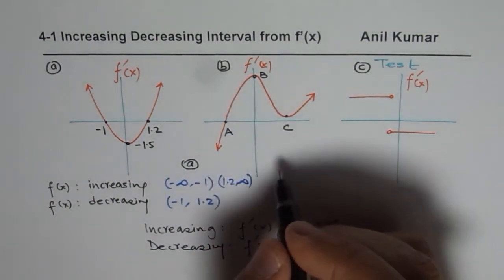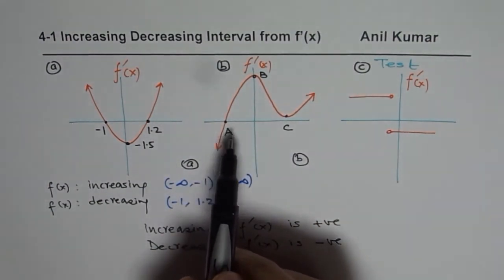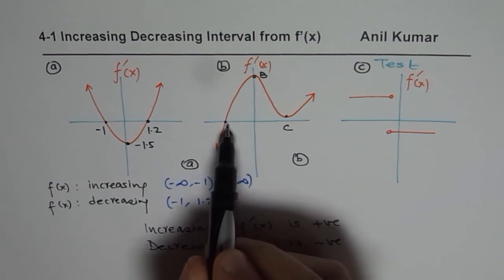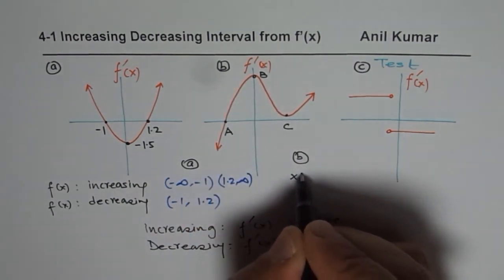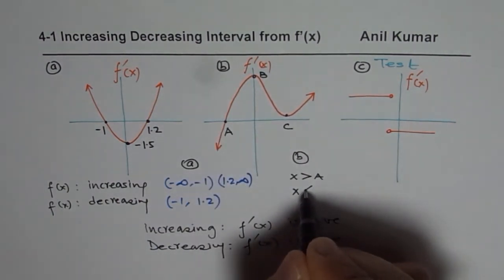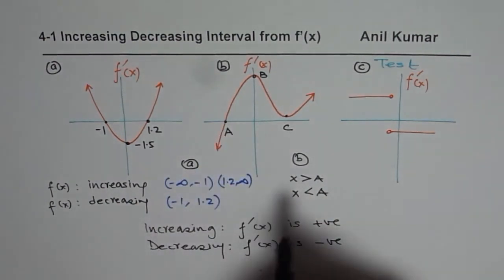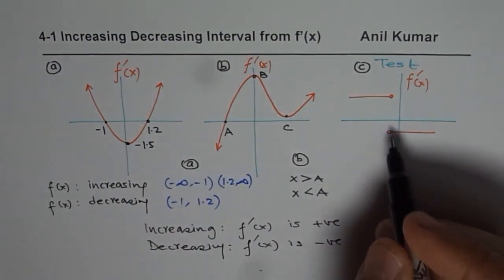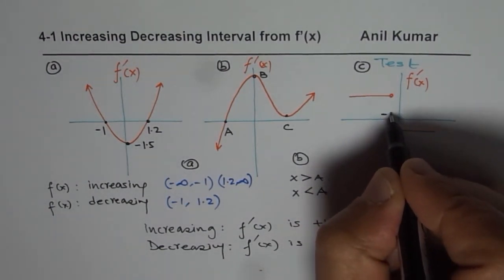Now for part B, the solution is, it is increasing after A, right? Do you see? So whenever x is greater than A, it is increasing, and if x is less than the point A, it is decreasing, since that is negative. You get the idea, right? In this particular case, let me call this point -1.